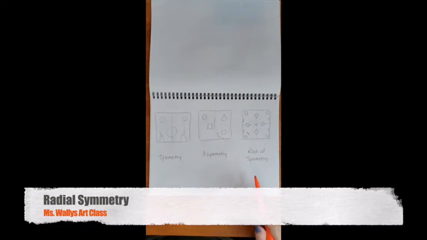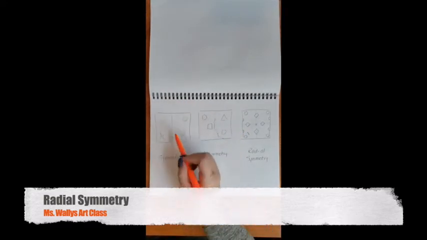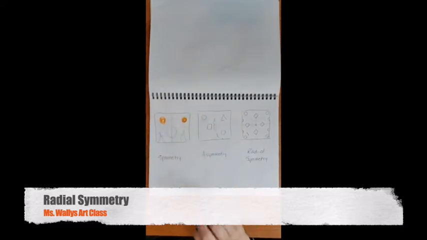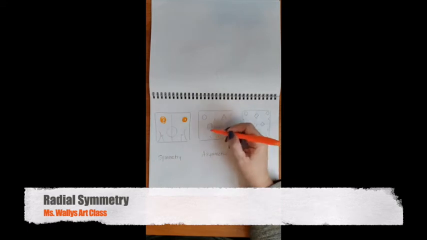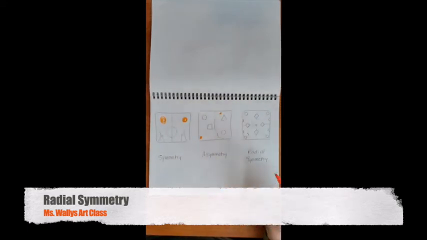Here's an example. Symmetry means that line of symmetry, that what's on one side matches the other. So if you put one thing over here, then that thing should match over here. Asymmetry means that they're not the same on both sides. You might have something in this corner, but nothing in this corner or somewhere else on the page. Asymmetry means not the same on both sides. Radial symmetry means not only is it the same on both sides, it's also the same top to bottom.